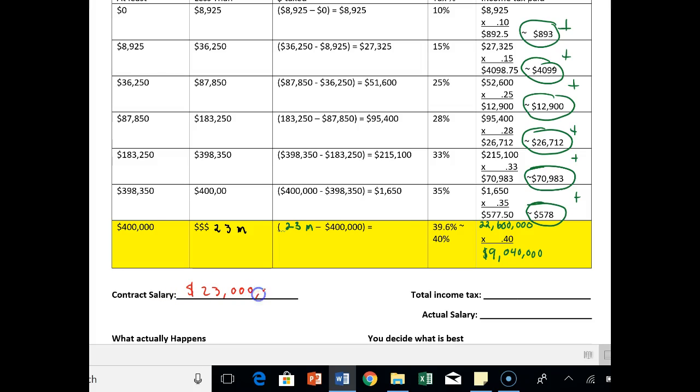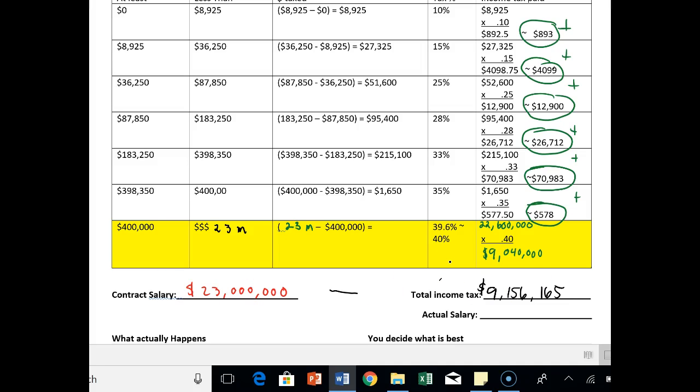His contracted salary is $23 million a year. His total income tax is all these numbers added together, which when I do that, I get $9,156,165, right? That's a lot of tax. But don't feel too bad for LeBron, because his actual salary is just these two numbers subtracted from each other.